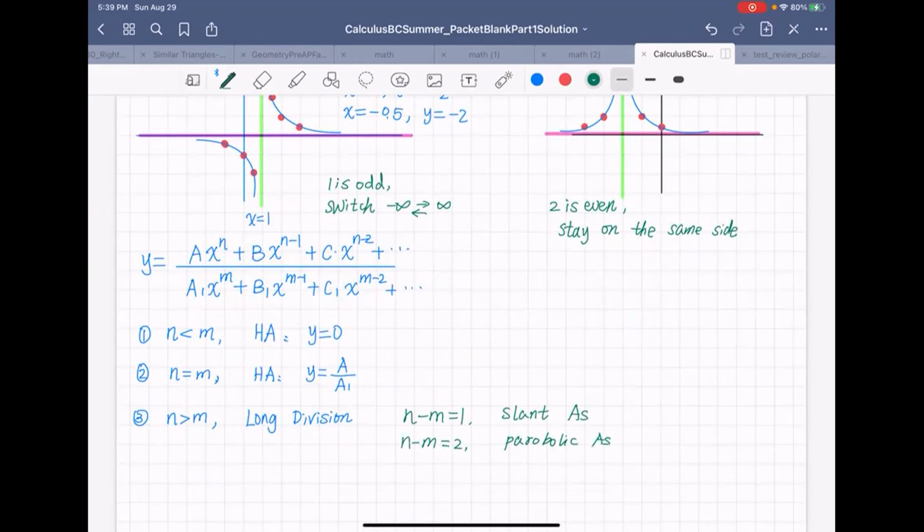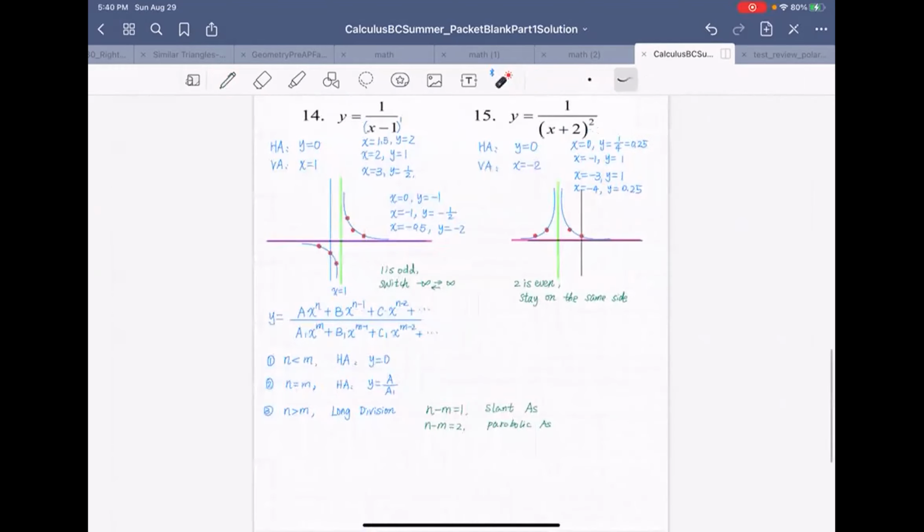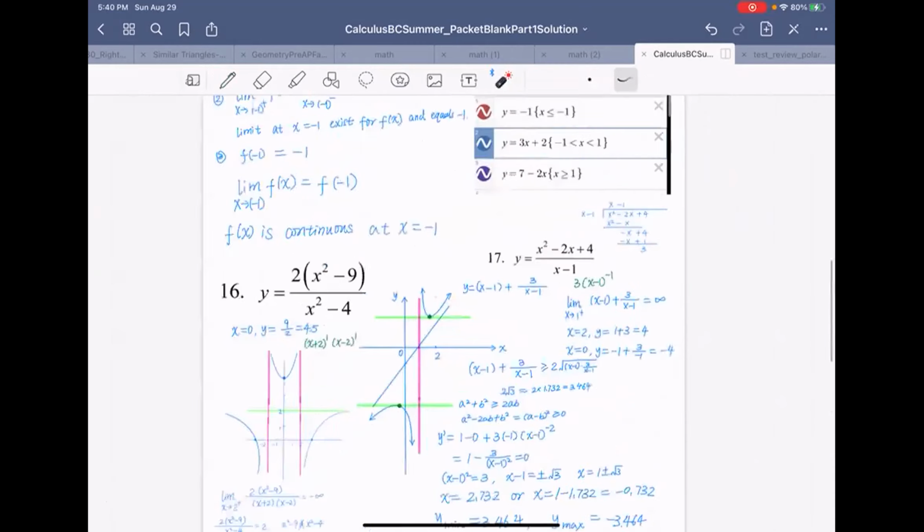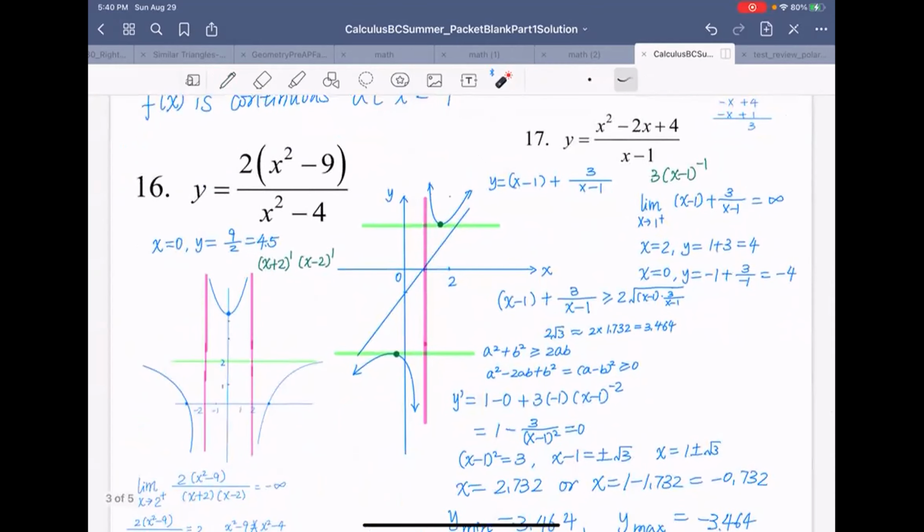Make sense? If this is 3, you will have that kind of polynomial asymptote. But they won't give you such tough questions. Most of the time, just 1 or up to 2. All right. So we come back to this question.